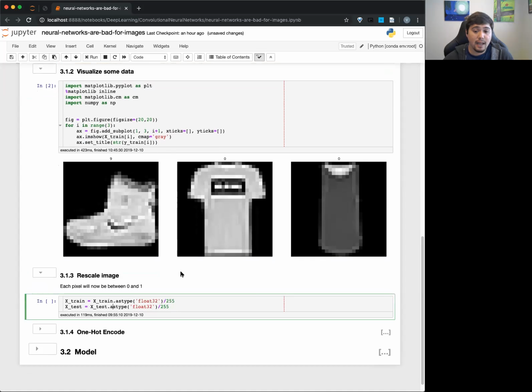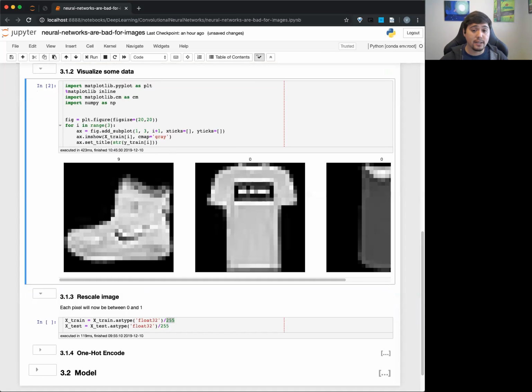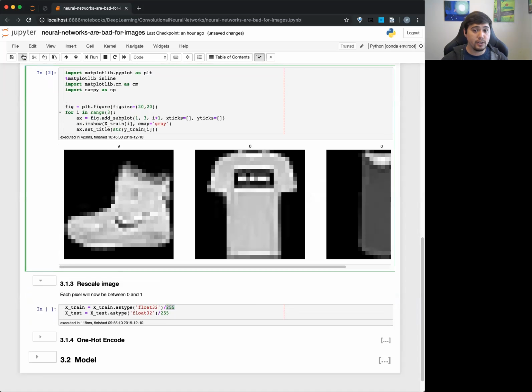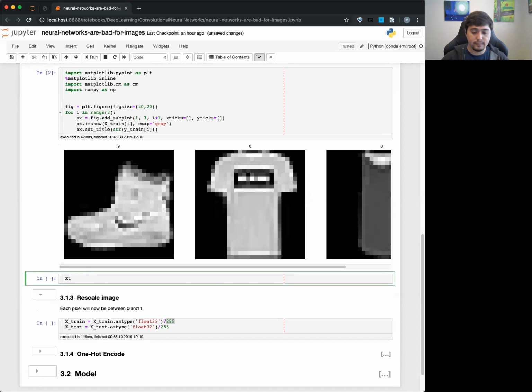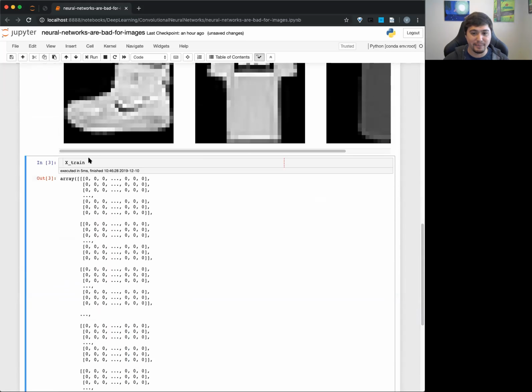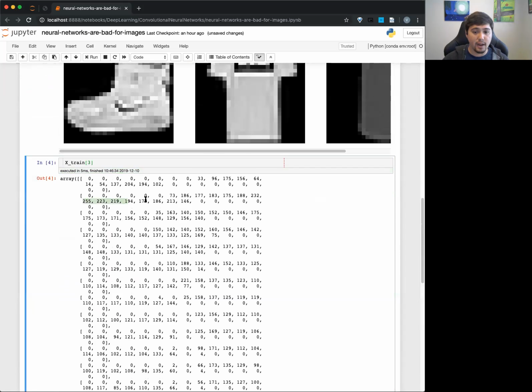Now note that I mentioned 255 here. What we have to do is scale the values to be between 0 and 1, because our neural networks work really well when the values are between 0 and 1. So if I quickly show you X-train here, you can see the values go from 255 to 223 and all this stuff.